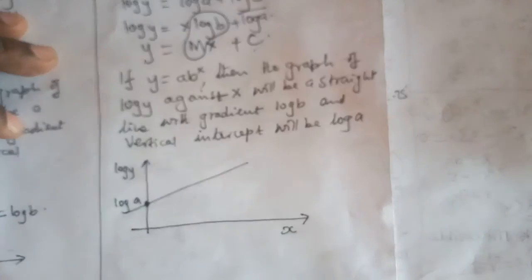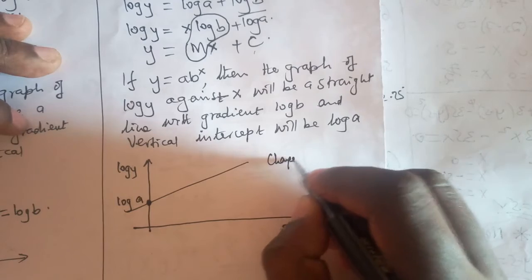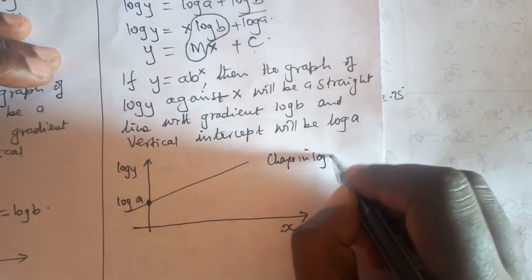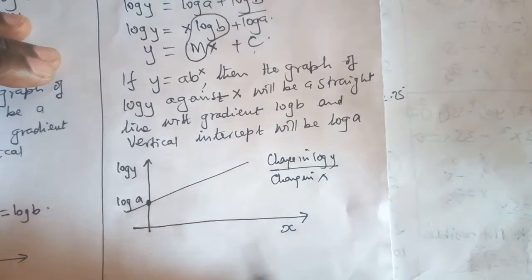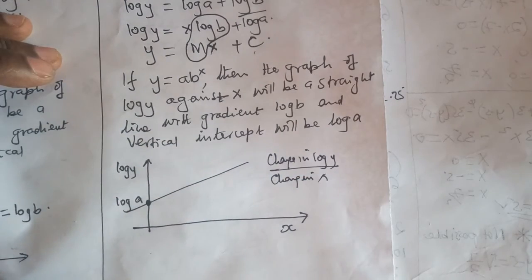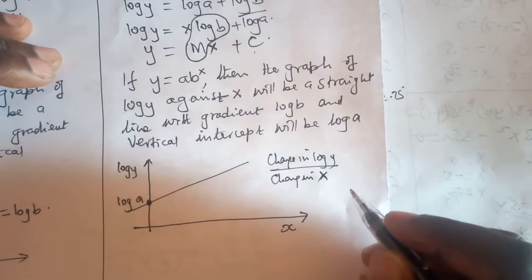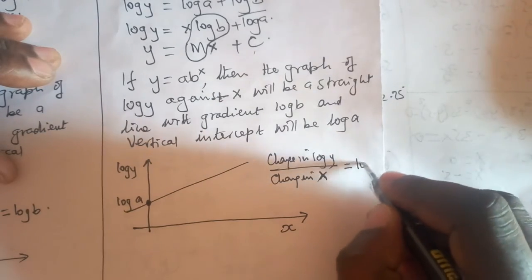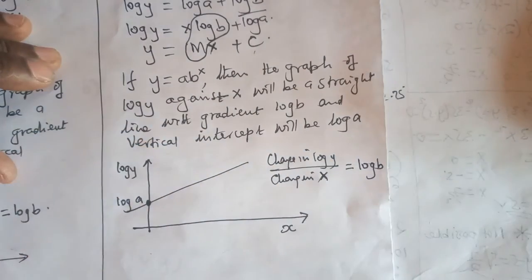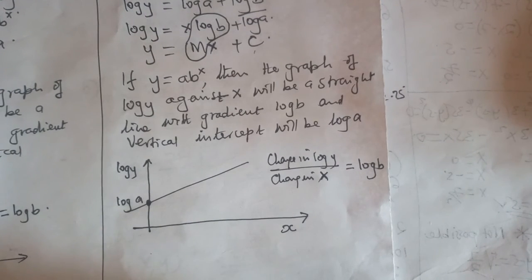The gradient will be change in log y over change in x, because you can see log y is in the vertical and x is in the horizontal. So change in log y over change in x will simply be the gradient, and the gradient itself is log b. Having said that, we need to now use this knowledge to explain example 8.